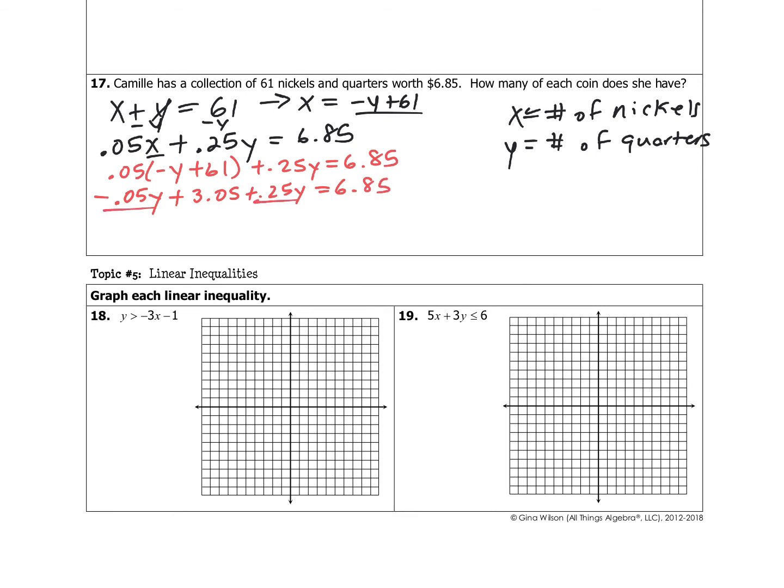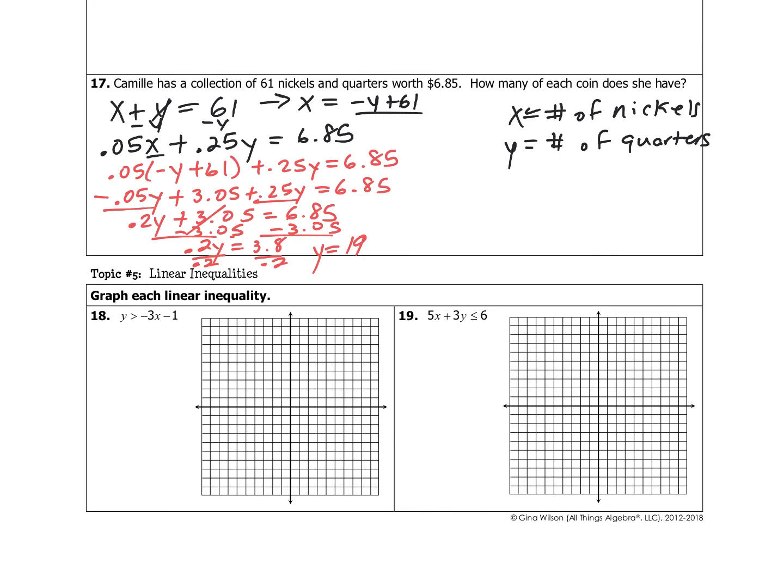Negative 0.05 plus 0.25 is 0.2y, plus 3.05 equals $6.85. Subtract 3.05. And you get 0.2y equals $3.80. And then divide by 0.2. $3.80 divided by 0.2, y equals 19.